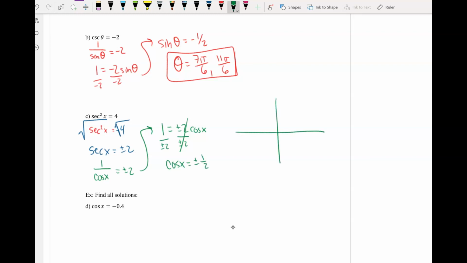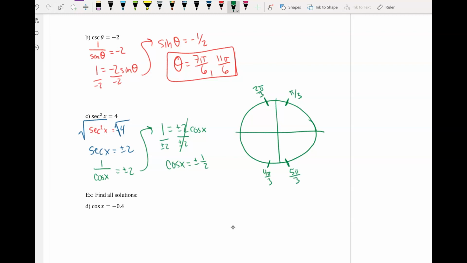What we're looking at in the unit circle is where exactly the cosine of x equals positive and negative 1/2. It's going to be 1/2 around here, here, here, and here. If you look at the unit circle, you'll have 1/2 at pi over 3, where it's positive 1/2. Then it's negative 1/2 at 2 pi over 3, negative 1/2 at 4 pi over 3, and positive 1/2 at 5 pi over 3.